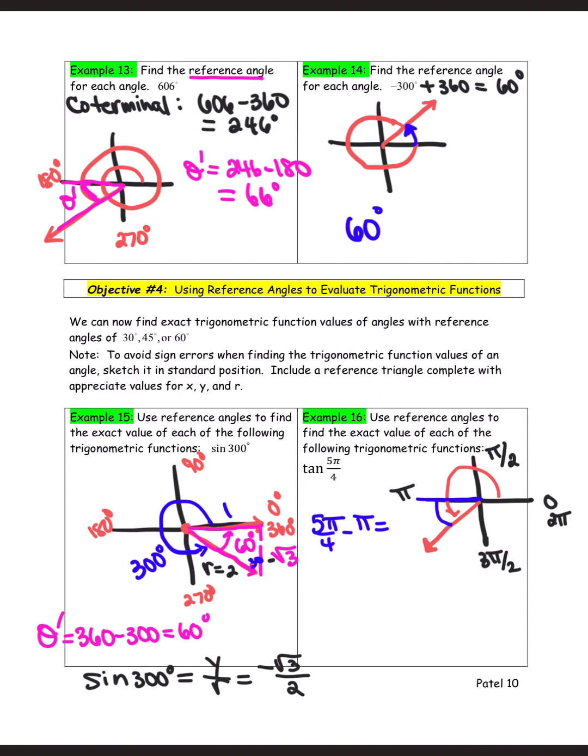And you should get 45, or in this case, it's pi over 4. So we know that this piece is pi over 4. I'm going to bring it out here a little bit just to help see it better. So that's pi over 4, or 45 degrees.